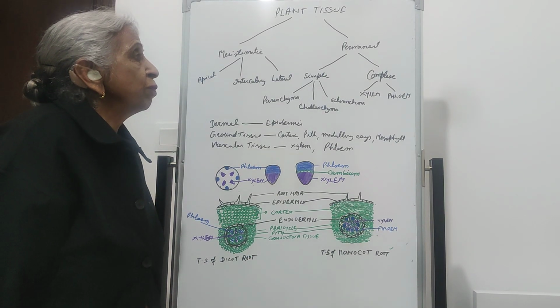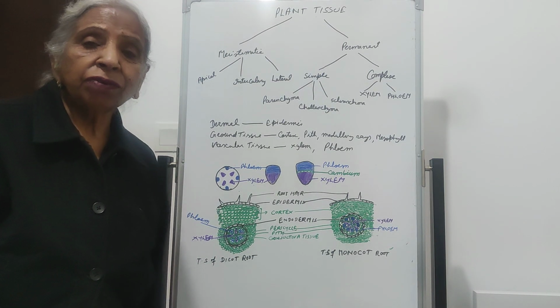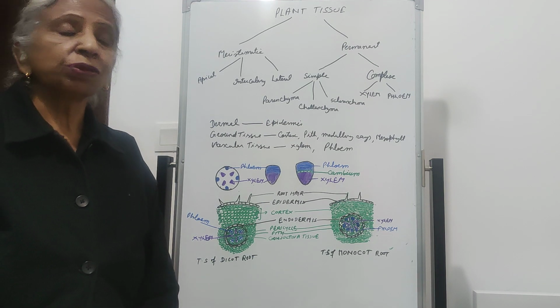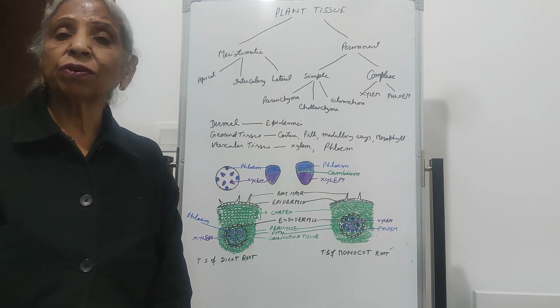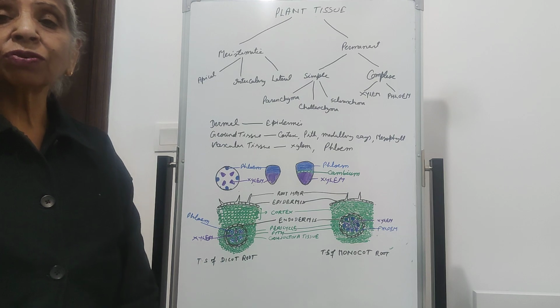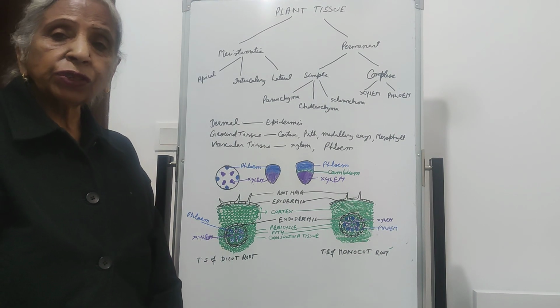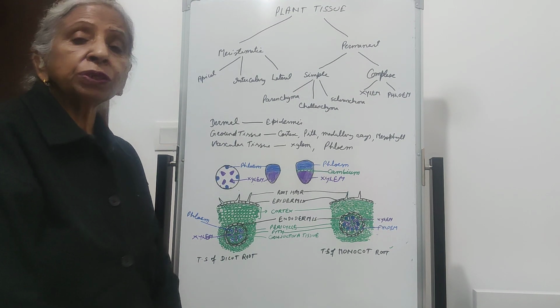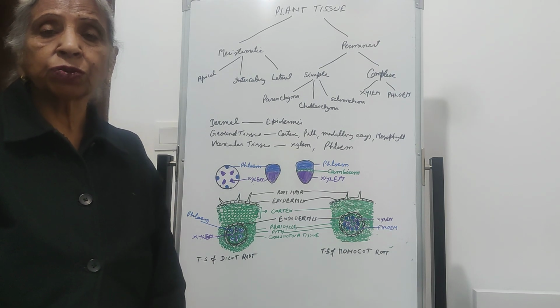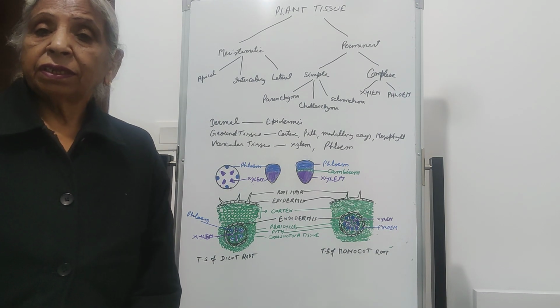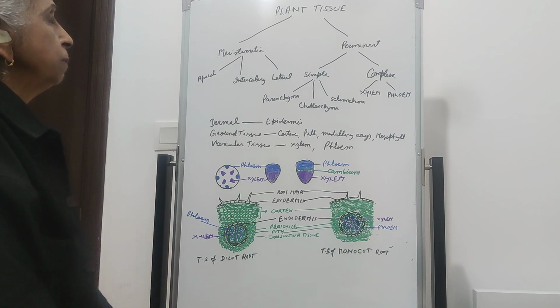So, what is tissue? I have told you in my previous video that tissue is the clustering of cells of the same kind to perform a certain, specific function. It may be the grouping of more than one kind of cells to perform a specific function.